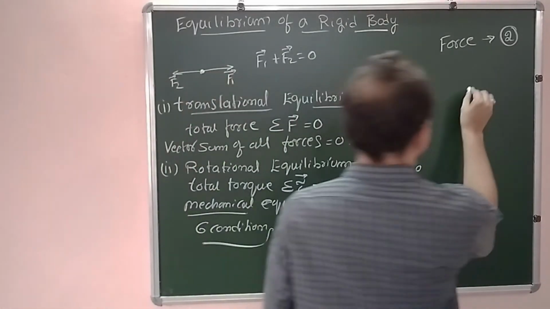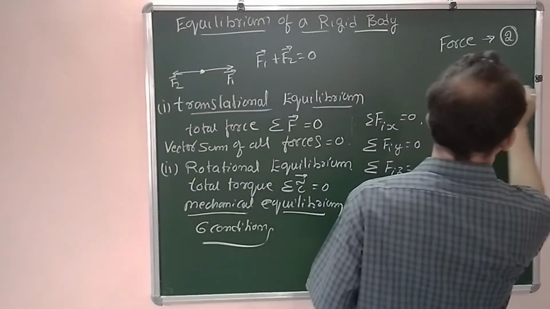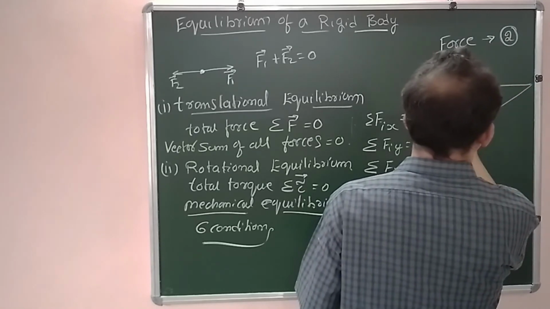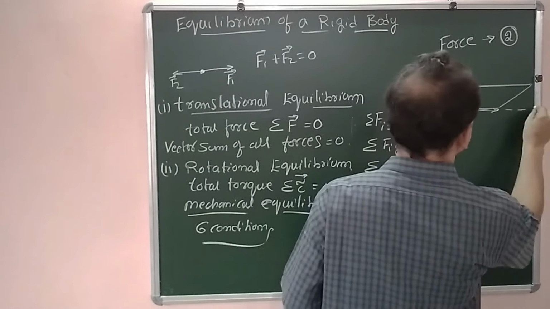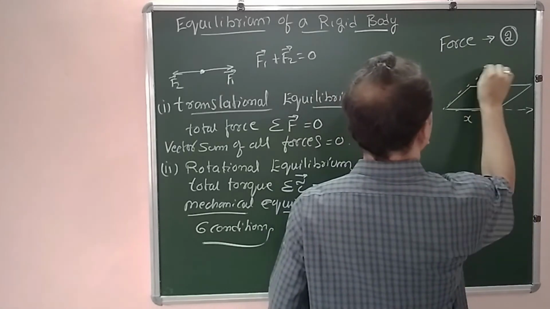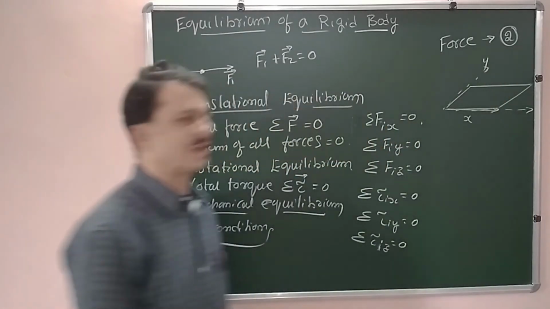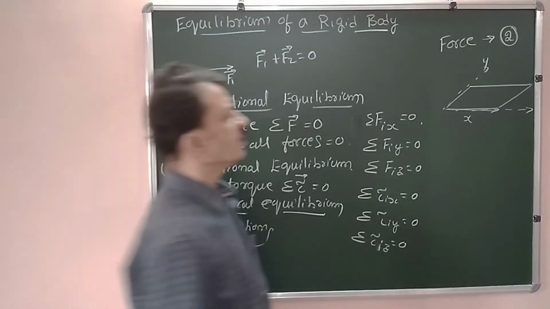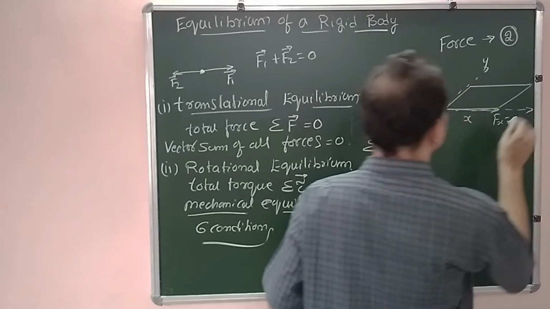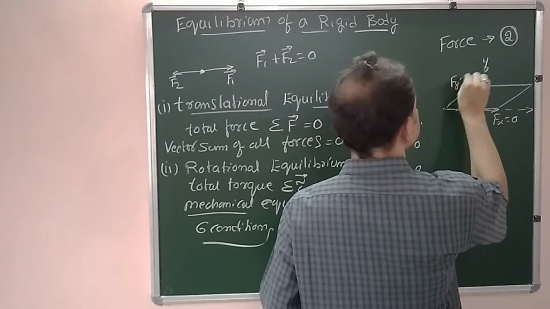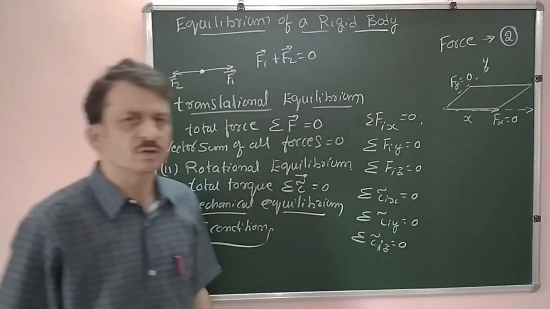If I choose a plane here, look here in this diagram, I am choosing a plane here. Now assume that this is the x-axis, and this one I choose as the y-axis. Now the force along the x-axis, that is Fx, should be 0. Force along the y-axis, Fy, should be equal to 0.